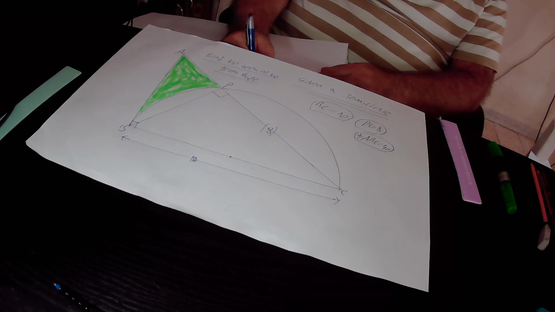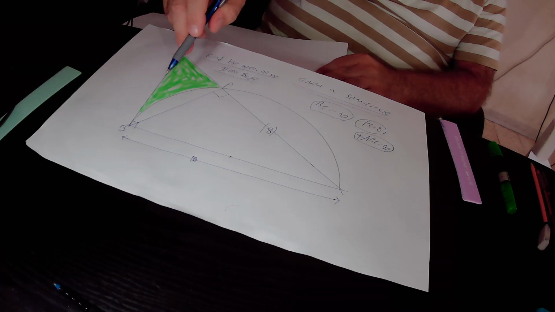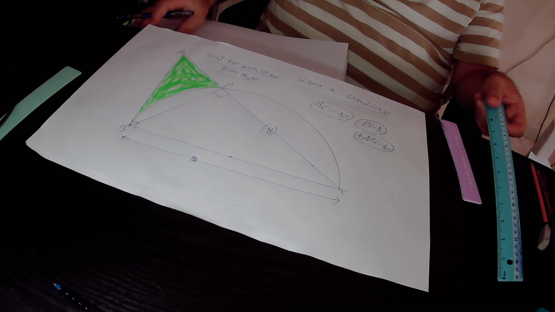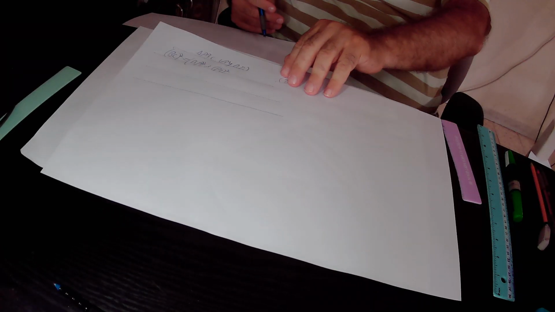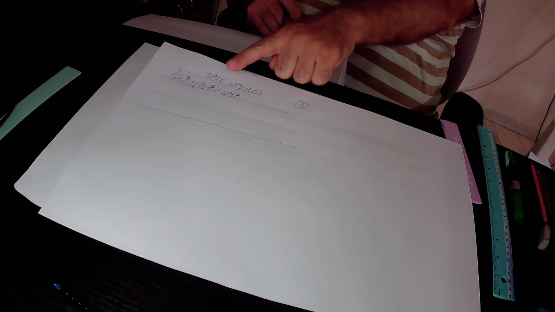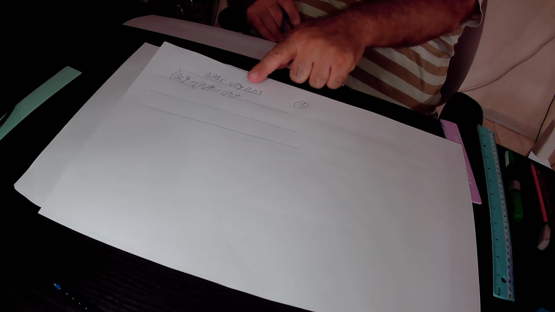Here we do the evaluation for the Pythagoras theorem, put again on the right triangle BPC. BC square, that is the square of the hypotenuse, equals BP square plus PC square.